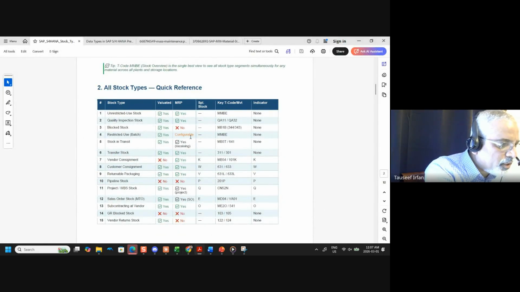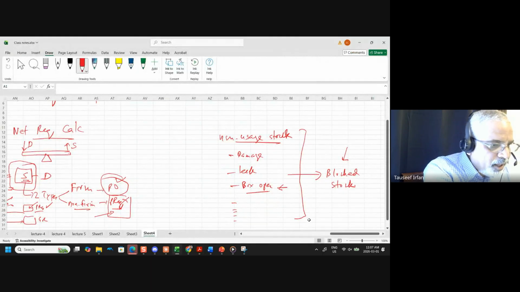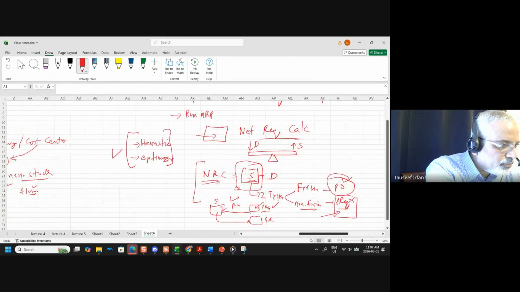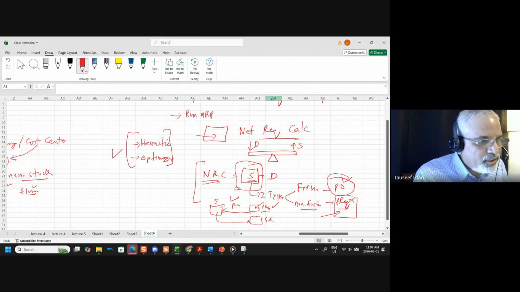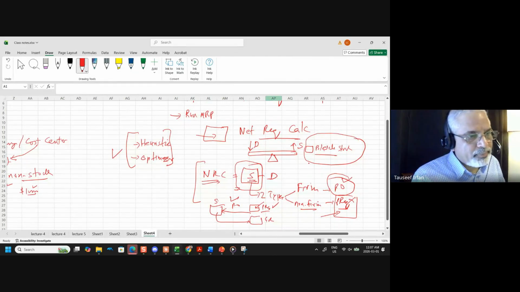It should not be considered in MRP because MRP is balancing the demand and the supply. If I throw the blocked stock in here, what will happen? I have a false supply. Everybody agree? I have a false supply.